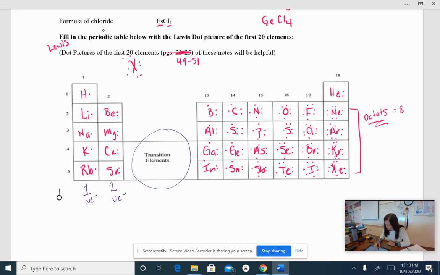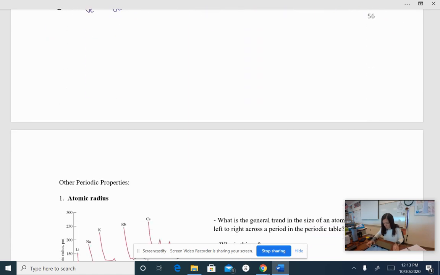Group 13, we have 3 valence electrons. 14, 4. 15, 5 valence electrons. 16, 6 valence electrons. 17, 7 valence electrons. And 18, 8 valence electrons, with the exception of helium, that has 2. Okay? All right. Let's look at our next periodic trend that we are going to look at.